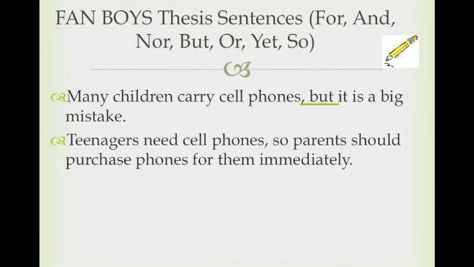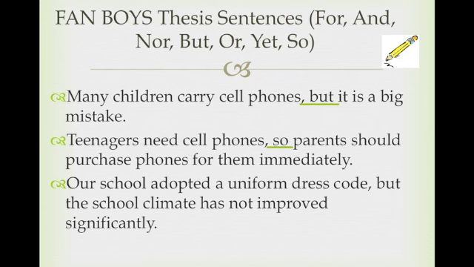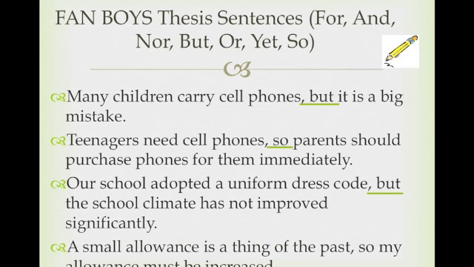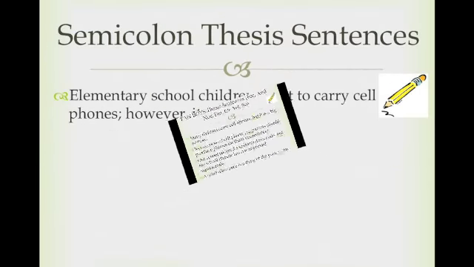Teenagers need cell phones, so parents should purchase phones for them immediately. So there's your FANBOYS word, so. Our school adopted a uniform dress code, but the school climate has not improved significantly. So there it is again. Last one: a small allowance is a thing of the past, so my allowance must be increased. So there you go. Kind of the same topics that we had on the first one, but showing how you can add in FANBOYS to make it a little bit different.